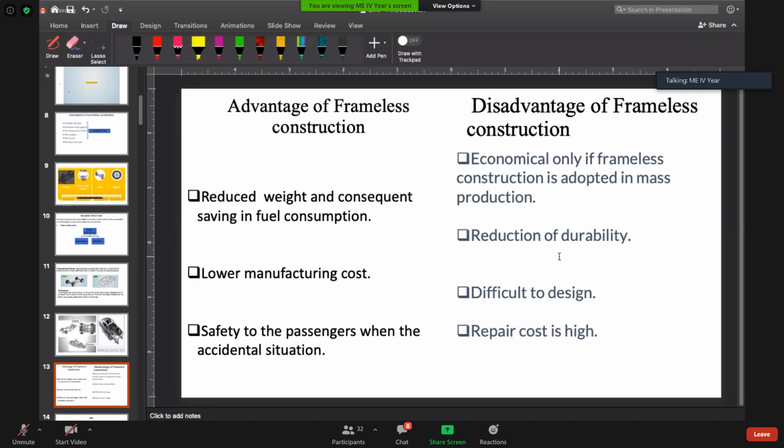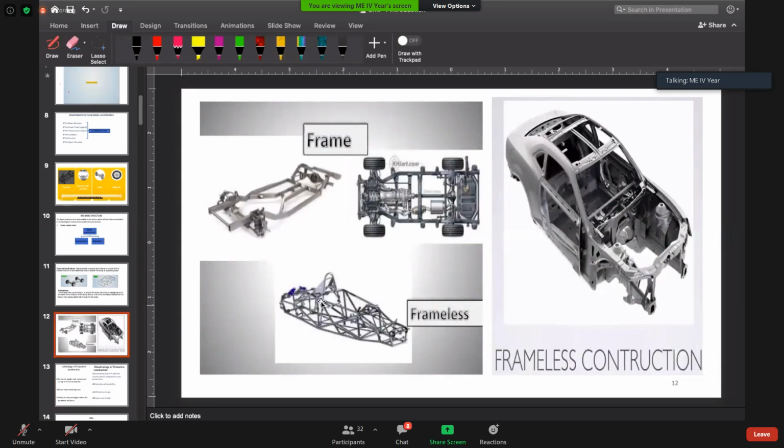Can anyone tell me any idea coming to your mind? Because it's a frameless body, it easily gets exposed, sir. Since it is frameless, as you have seen in the previous figure, you can see here there are so many joints.